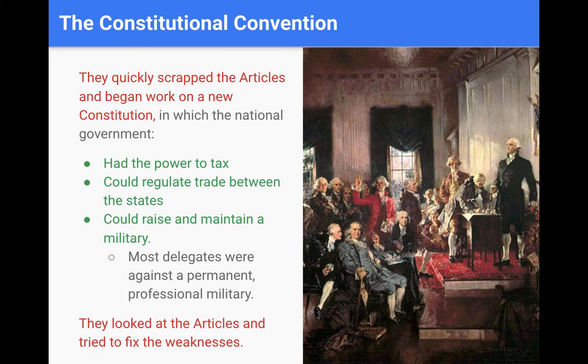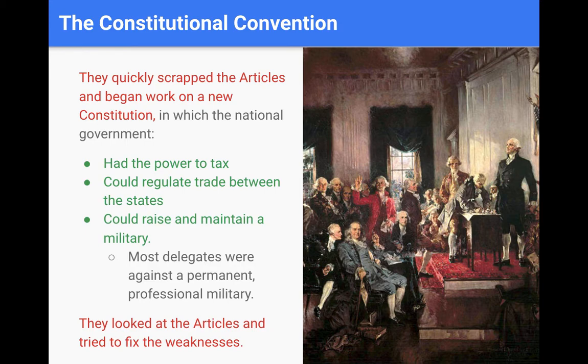Leaving it up to the states does not promote economic growth, and you start to have states competing with one another and laying tariffs and other such things that could become very problematic. They also need to be able not only to call up a military, but to maintain it.